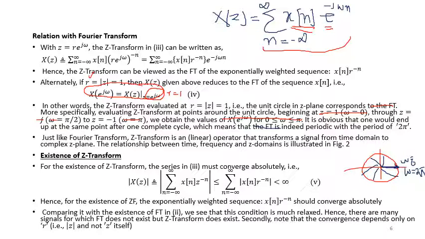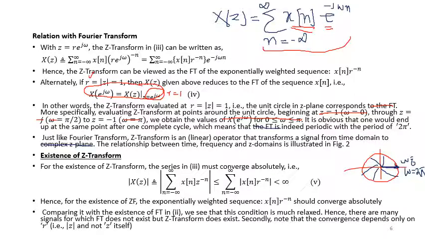So just like Fourier transform, Z transform is also a linear operator that transforms a signal from the time domain to a complex Z plane.